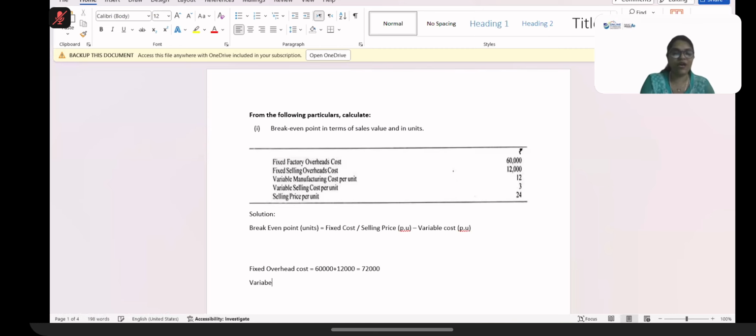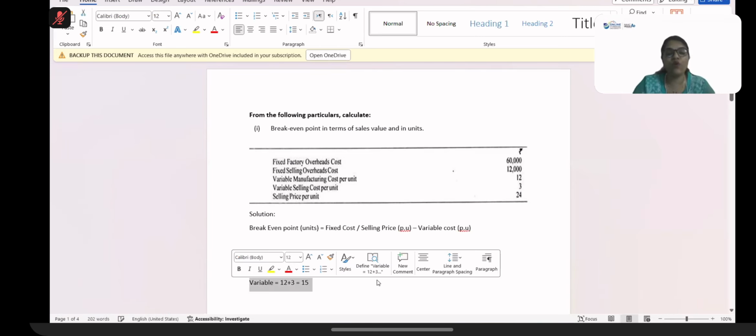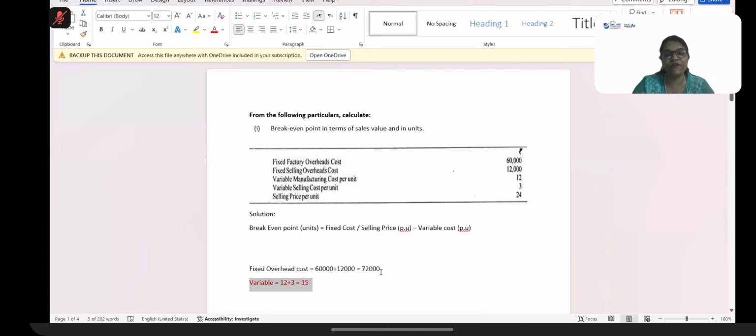Variable cost also you have twice. That is variable manufacturing cost, that is 12, and variable selling cost, that is 3. The total comes out to 15. Now we got the variable cost and the fixed cost both. Now we are going to substitute this in our formula.